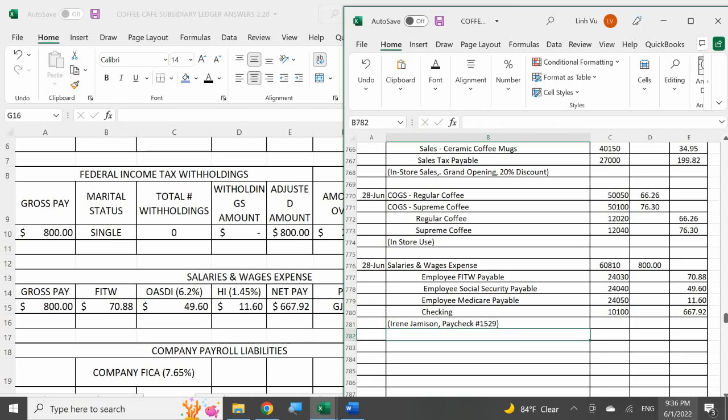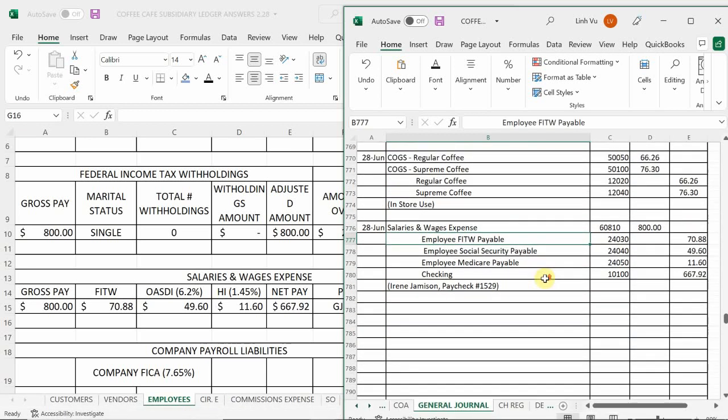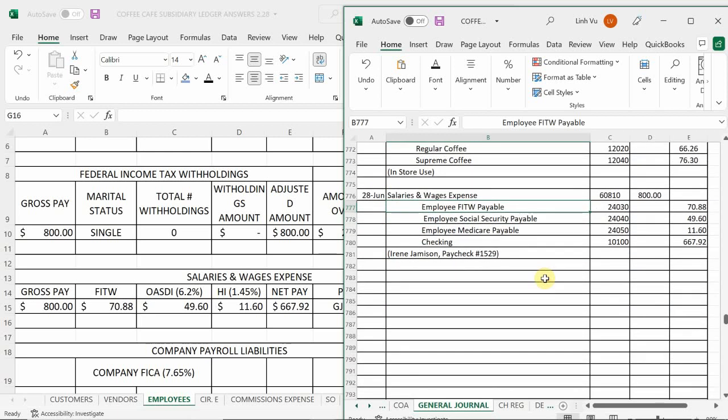So that is just her section of the payroll, okay. So that's just only one aspect, right? We still haven't talked about the second aspect, which is the company taxes, right? Because we have to pay taxes for having Irene as an employee, right?